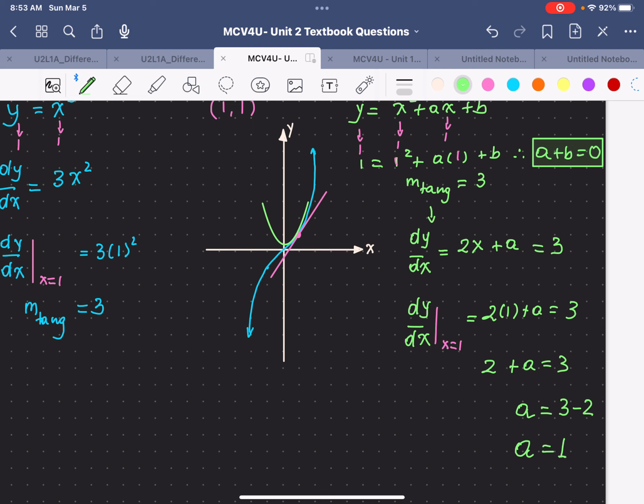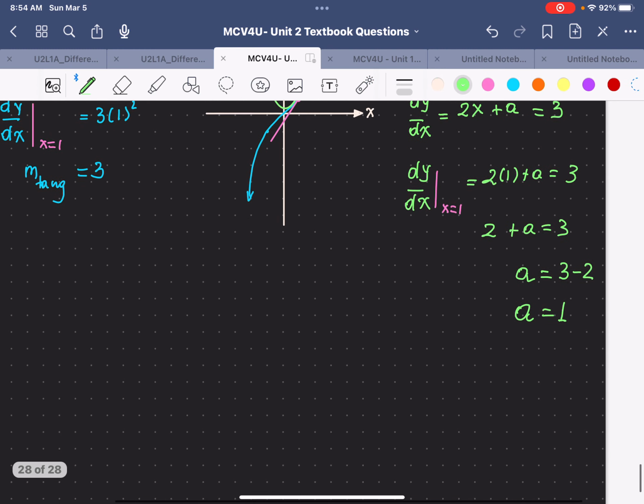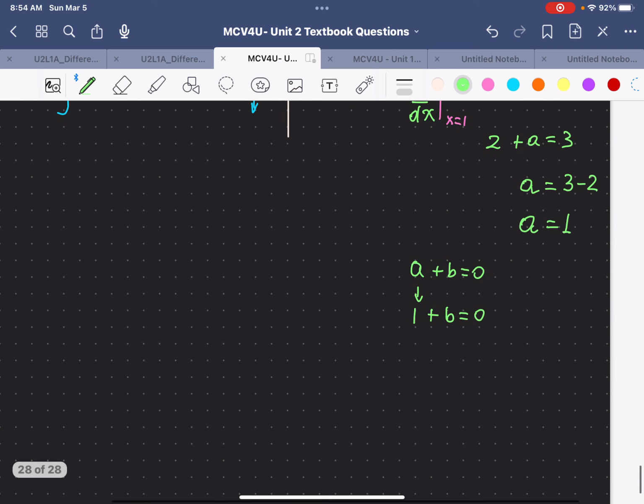So this will take us back to our equation that describes the relationship between a and b. Wait a second, if a plus b equals 0, now that we know a equals 1, it means that the value of b must be equal to negative 1.